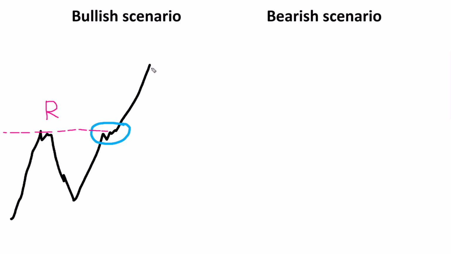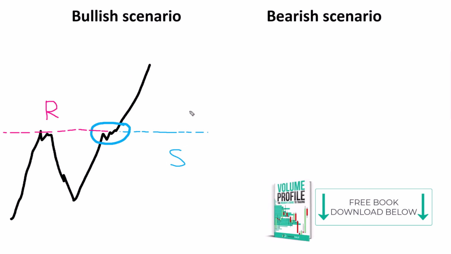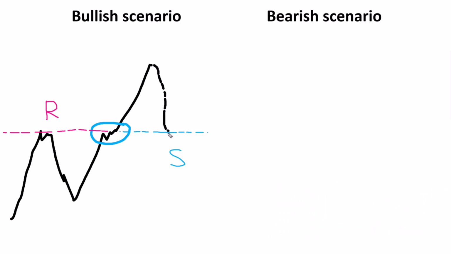And then you just need to wait for a pullback to that level again. And this level turned from resistance into new support at the time when the price blew past it, right? So this is a new support, and that's a support you want to trade. So you wait for a pullback, and then when the price hits the support, you go long.